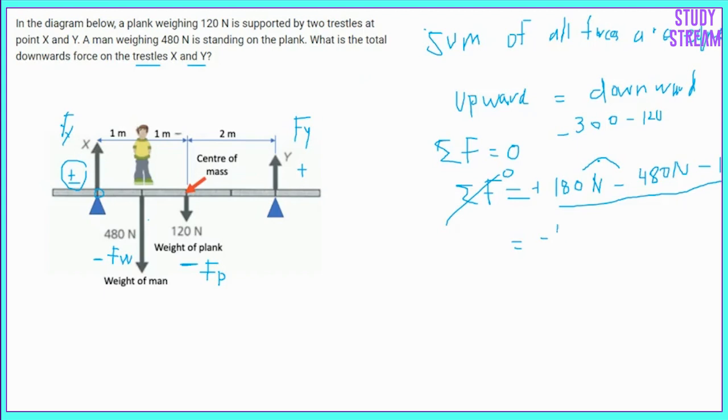So 420, yeah? Yes. Okay, very good. Now if you move it to the other side, you can say that Fx is positive 420 newtons going up.